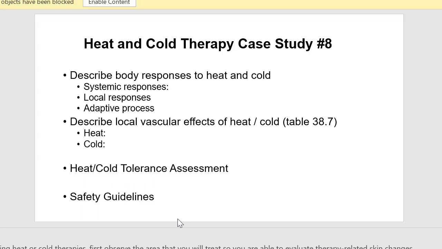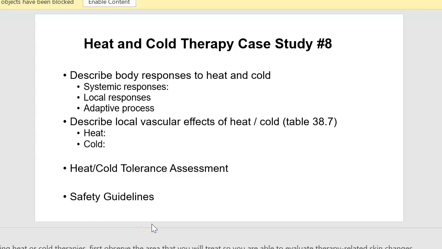We are responsible for safe administration of heat and cold applications in the clinical setting. I know a lot of patients will say, well, I just put my heating pad right up against my skin at home. This is what I do at home. But we are responsible for the safety of the patient's skin integrity, and so we may need to do some education there.